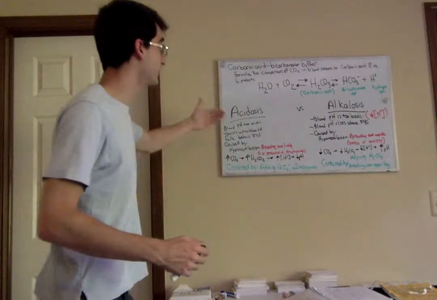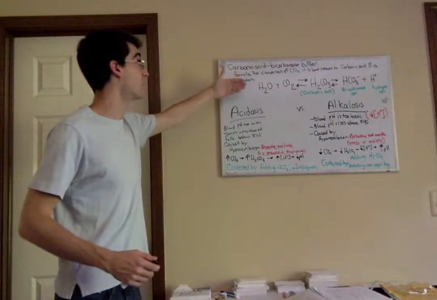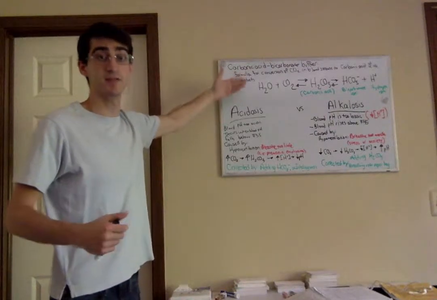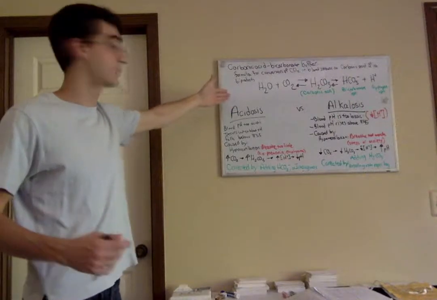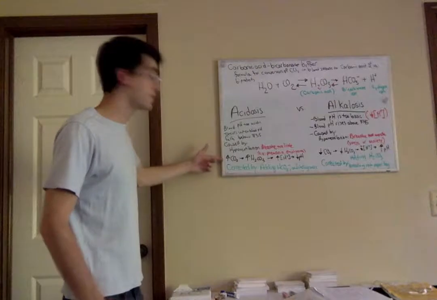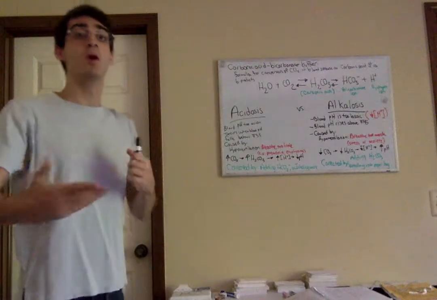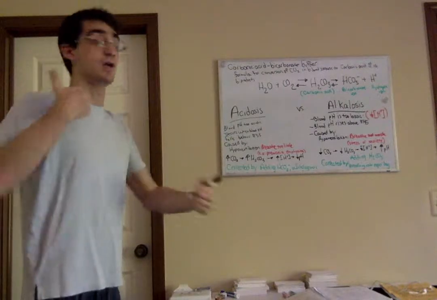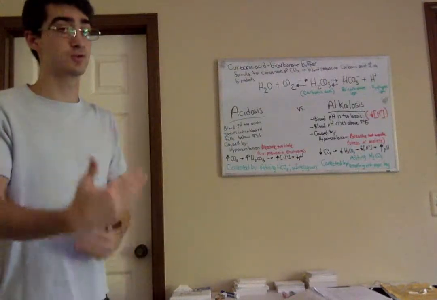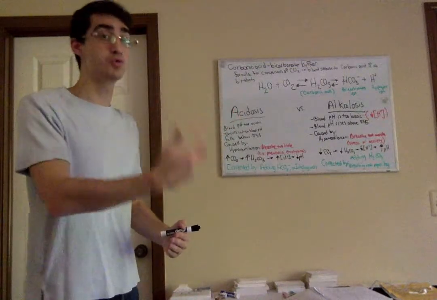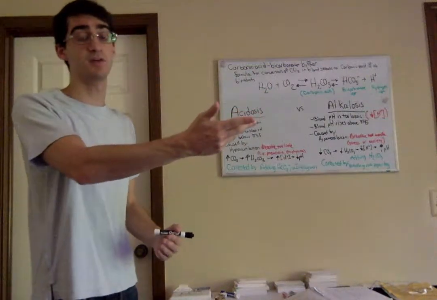Now let's connect this back to the carbonic acid bicarbonate buffer formula that I explained at the top, which I hope you wrote down. We have an increased CO2. When we breathe in, we breathe in oxygen, which is converted through cellular respiration, and we breathe out CO2, carbon dioxide.